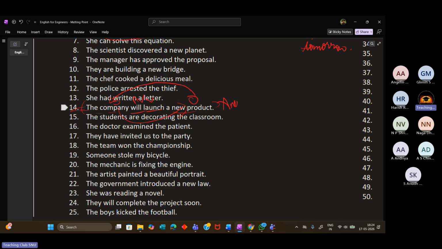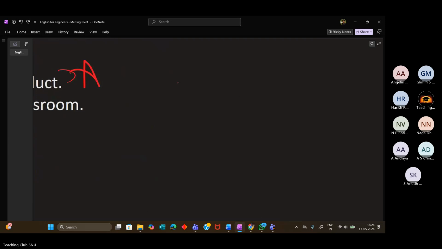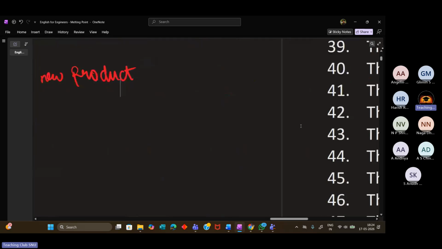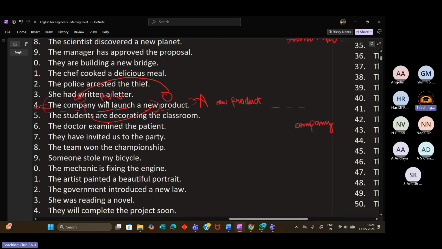And what do we need to do here? A new product. We write that here, by subject, and the subject would be the company. So the subject becomes your object here. So dash dash dash dash company. That's it. We need to change the will launch to the context of the passive voice.